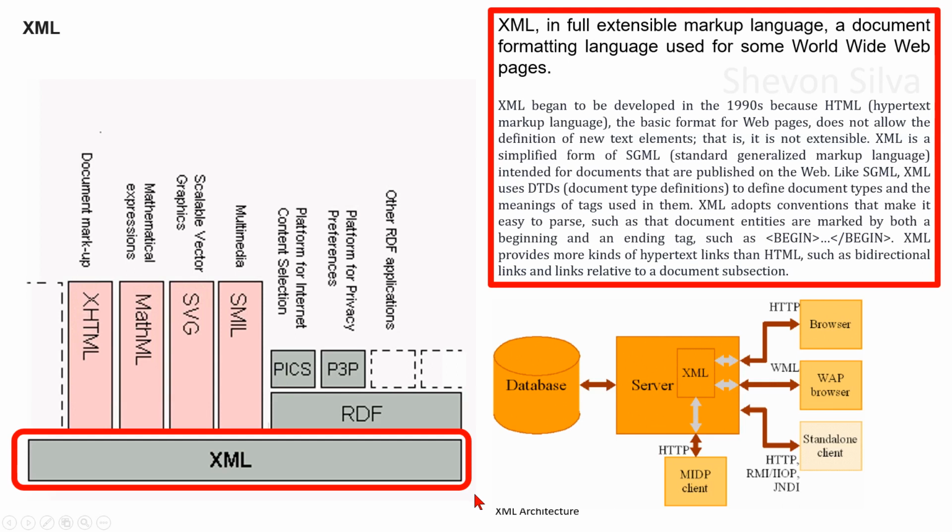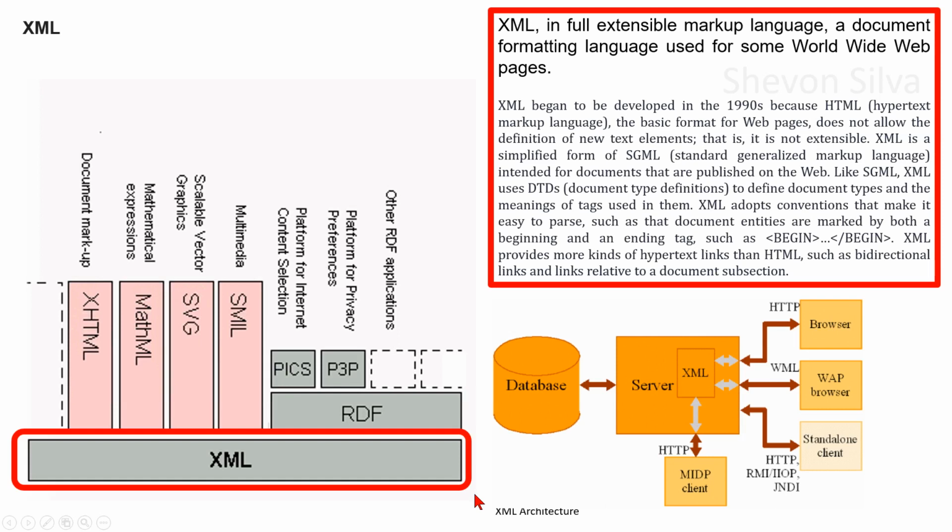Like SGML, XML uses DTDs, document type definitions, to define document types and the meanings of tags used in them. XML adopts conventions that make it easy to parse, such as that document entities are marked by both a beginning and an ending tag, such as begin to /begin.